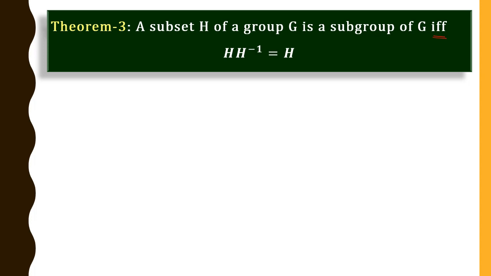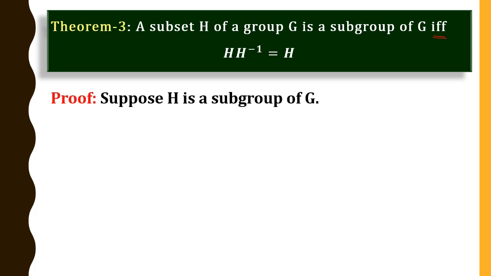So the first case. Suppose H is a subgroup of G, and our aim is to prove that HH inverse is equal to H. Observe carefully, HH inverse is a set, so we have to prove two sets are equal.